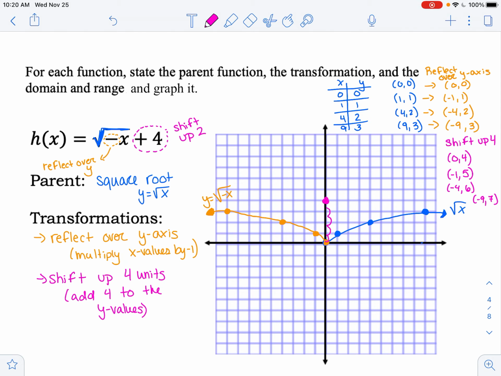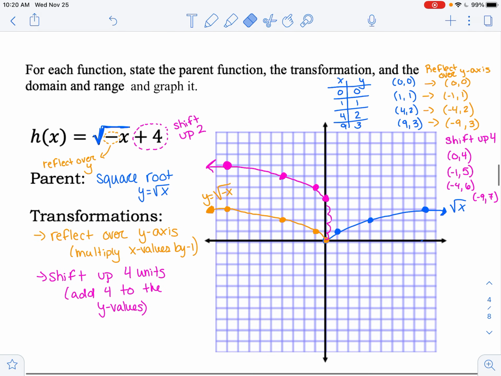Because the x values don't change, I've already changed them. And this is what my final graph should look like for this whole transformation. All the transformations put together. So this is our g of x equals square root of -x plus 4.